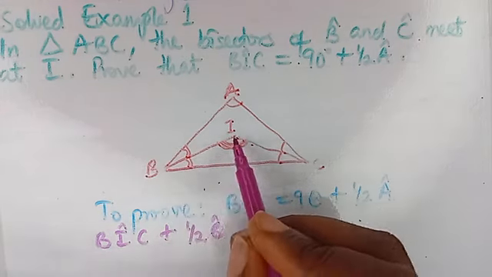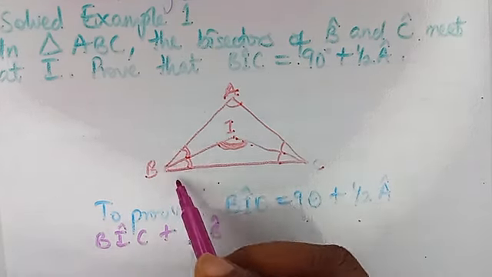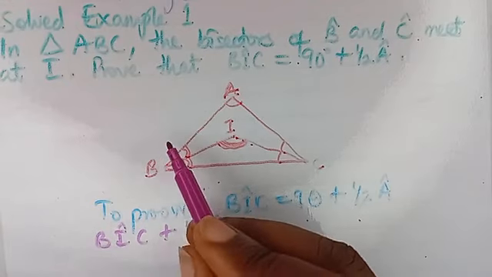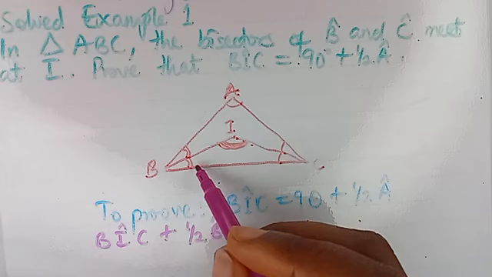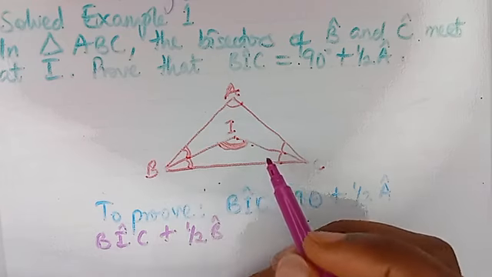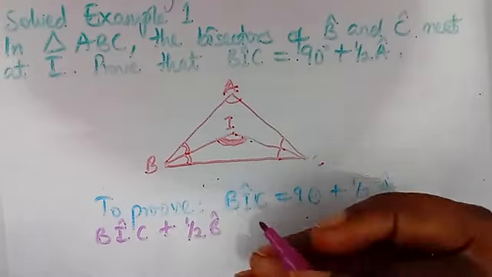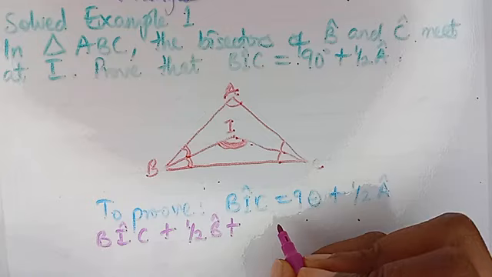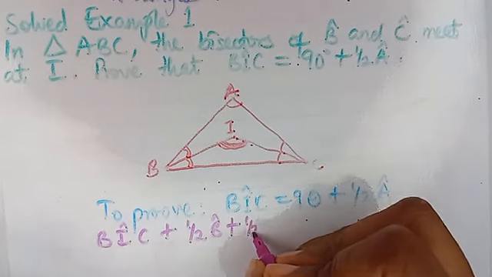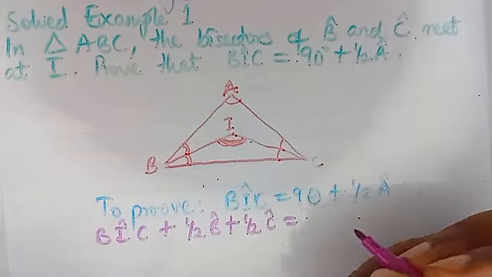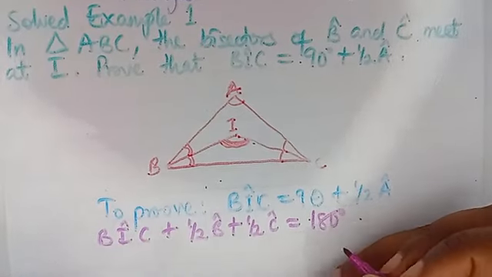Because we are told that this line bisects angle B as a whole. Bisecting means dividing into two equal parts. Therefore, this part that makes this triangle is half of whatever angle B is. So plus half angle B plus half angle C are all equal to 180 degrees.